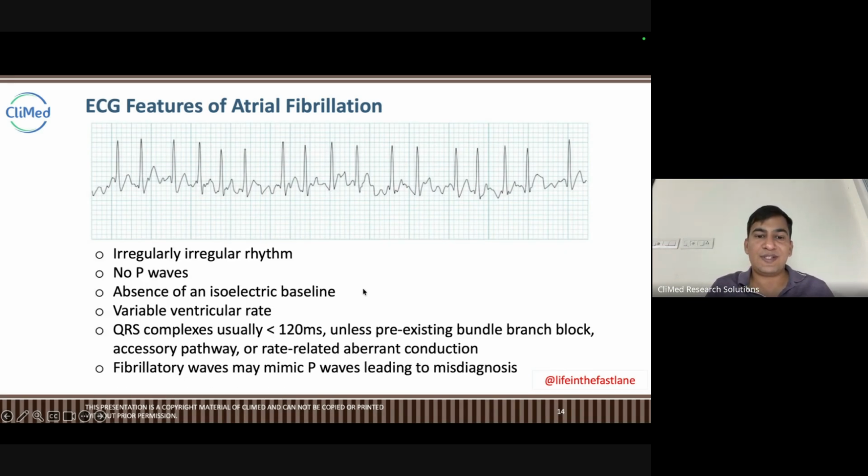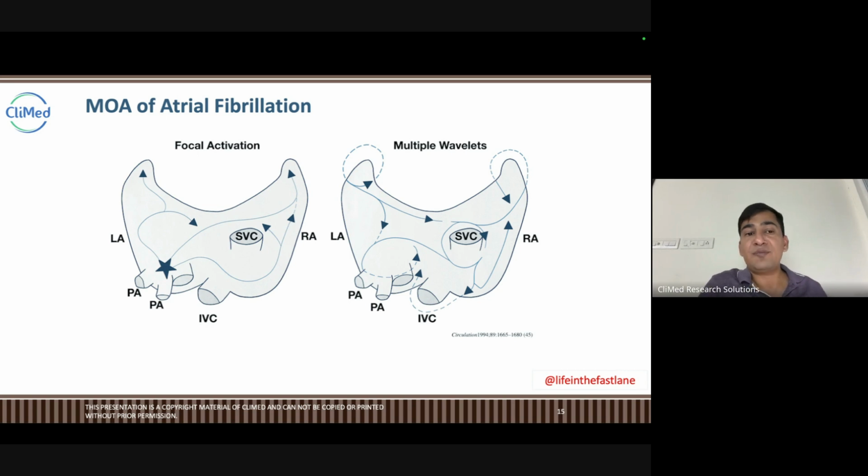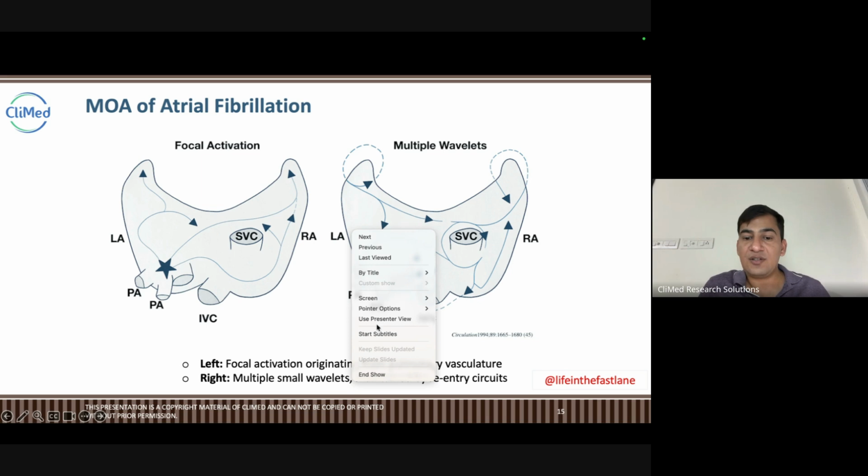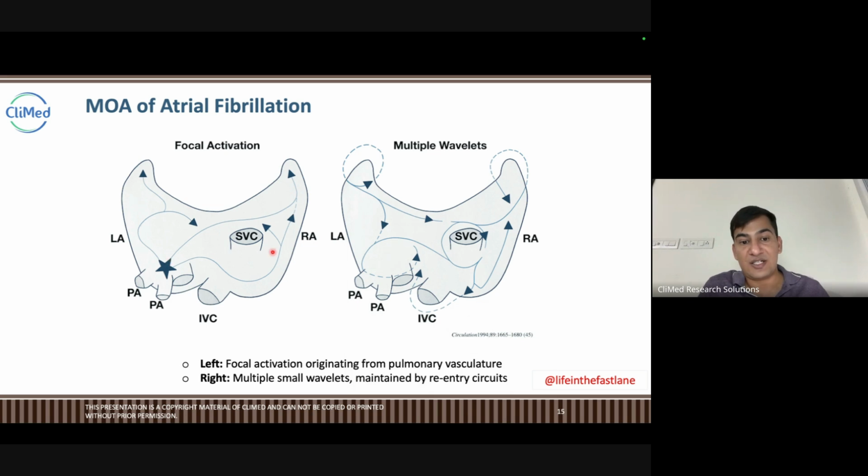So this is the mechanism of atrial fibrillation. You were asking why there is a problem. There are two types of problems in AF. If you look at the left side and right side, this is your left atrium, this is your right atrium. This is the inferior vena cava, this is the superior vena cava, and these are your pulmonary arteries.